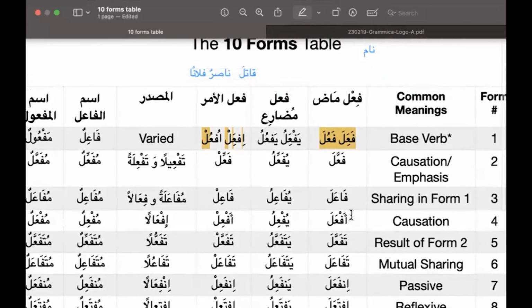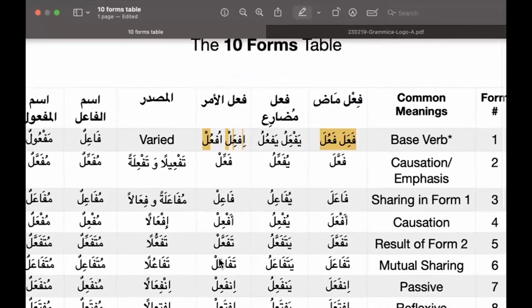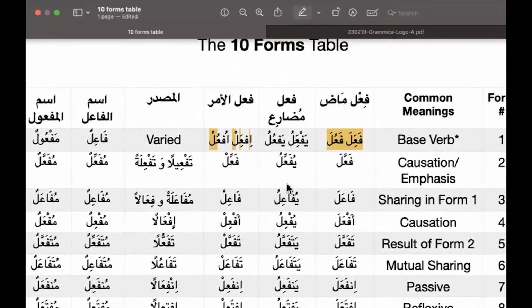So, for example, you have some verbs that are in both form 2 and form 4, some roots like nazala, to descend. I can say nazzala yunazzilu tanzil. Nazzala means to send down. The original meaning is to make something come down, but it can also mean to reveal, tanzil.